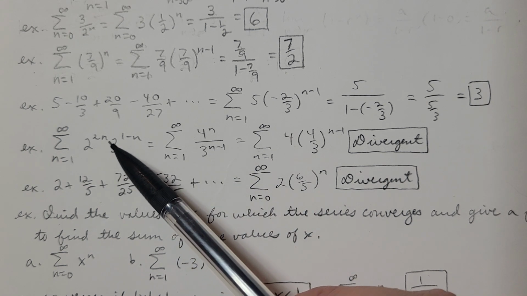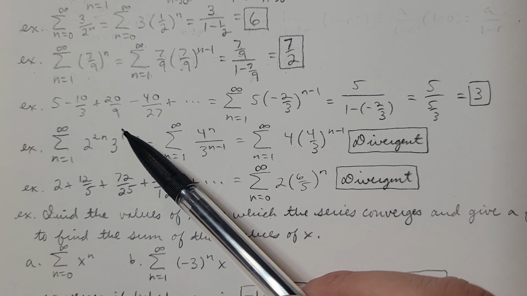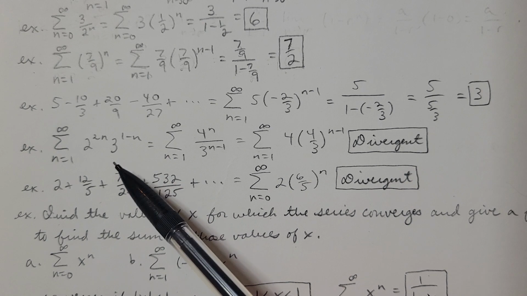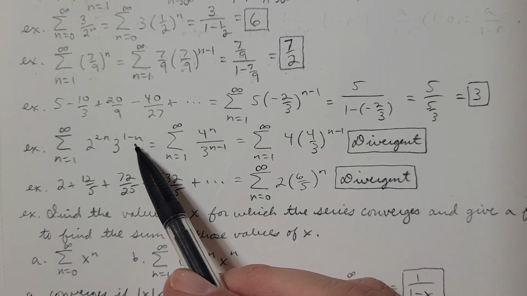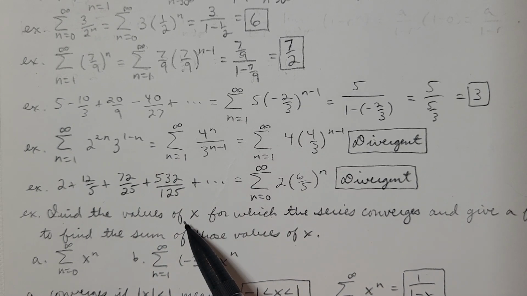Well, 2 to the 2n, that's the same as 2 squared to the n, or 4 to the n. 3 to the power 1 minus n, that would be the same thing as 3 to the power negative n minus 1.